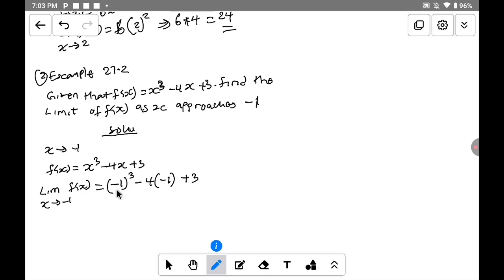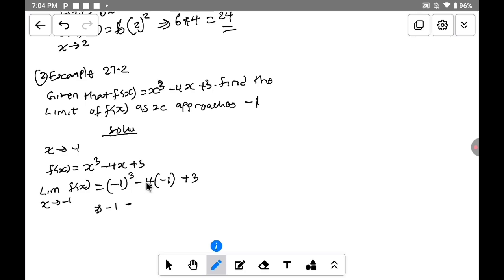Now let's do the simple mathematics here. Minus 1 to the power of 3 is minus 1 times minus 1 times minus 1, that will give us minus 1. Then minus 4 times minus 1. Take note of something here: you can make a mistake if you're dealing with signs.